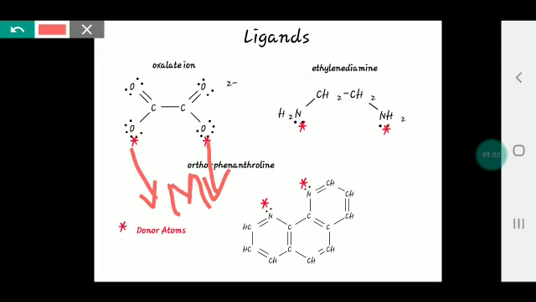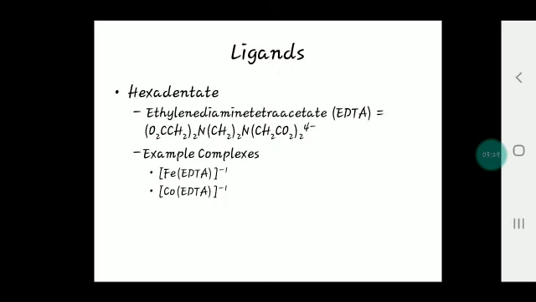In ethylenediamine also, two nitrogens are present. Both nitrogens have a lone pair of electrons and both will donate their lone pair to the central metal atom. In orthophenanthroline also, the same, the nitrogens are present and those nitrogens will donate their lone pair of electrons to the central metal atom.